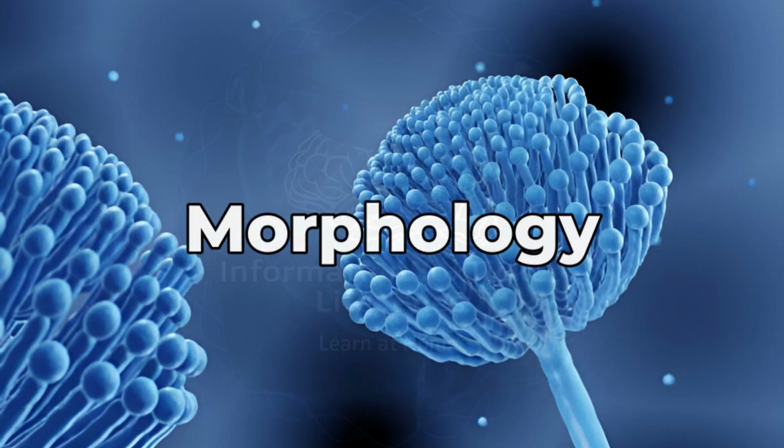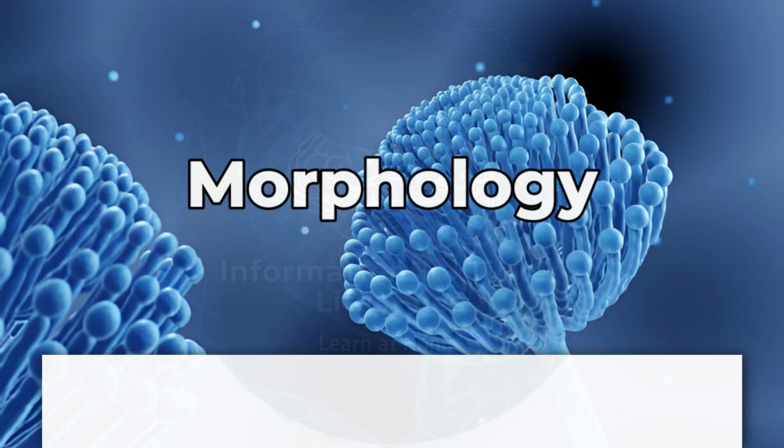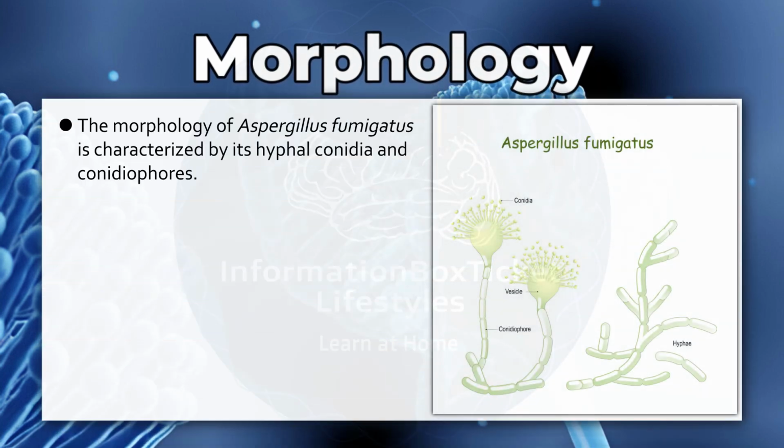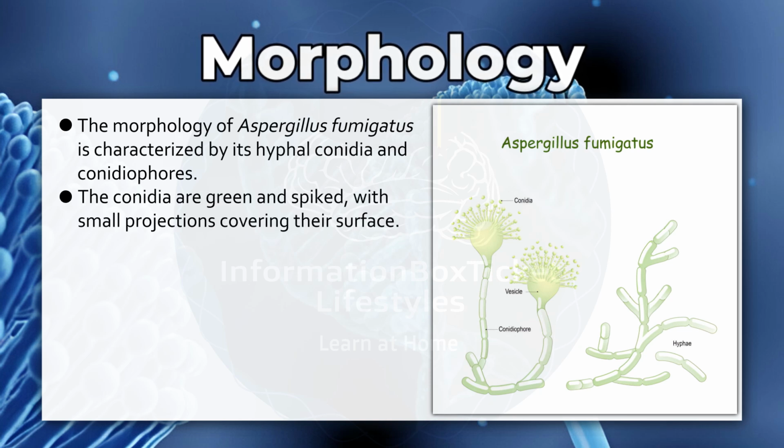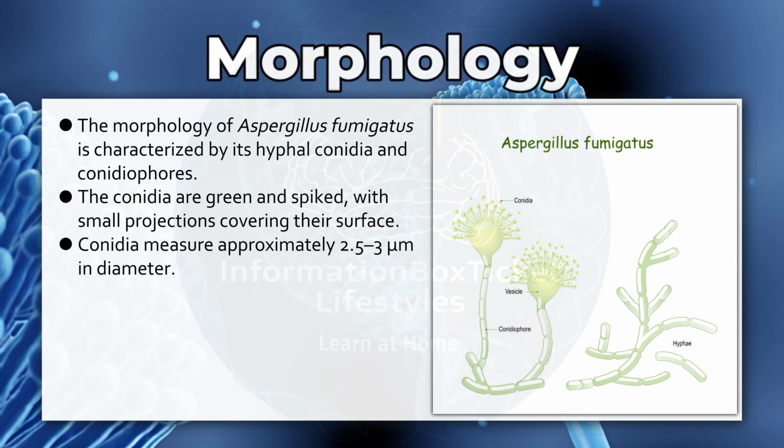Morphology of Aspergillus fumigatus. The morphology of Aspergillus fumigatus is characterized by its hyphae, conidia, and conidiophores. The conidia are green and spiked, with small projections covering their surface. Conidia measure approximately 2.5 to 3 micrometers in diameter.